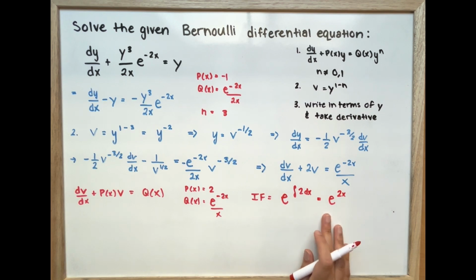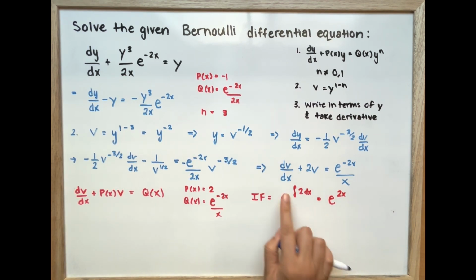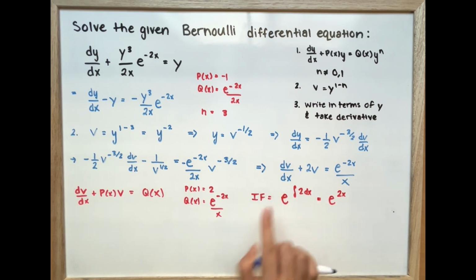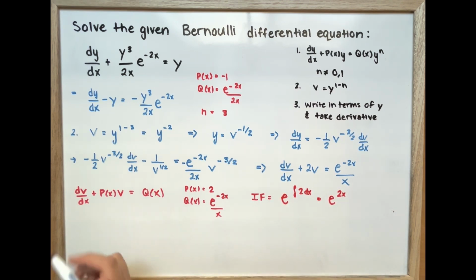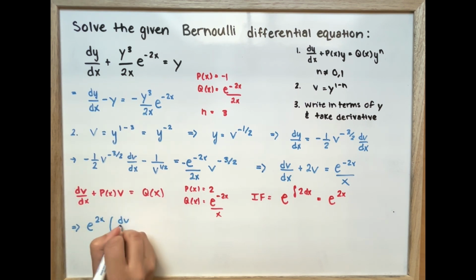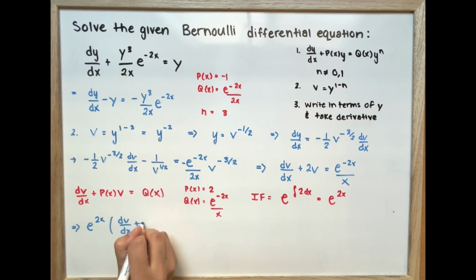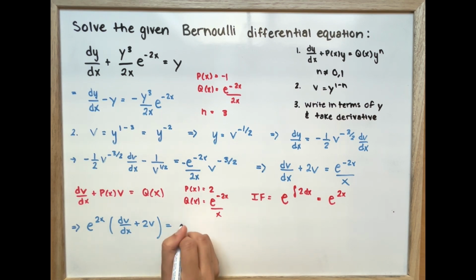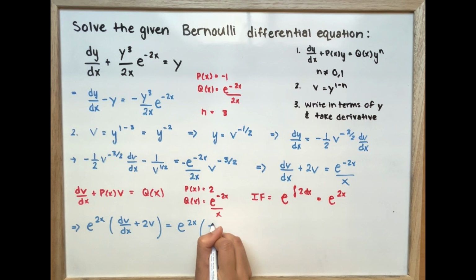So now we're going to take our integrating factor and multiply all the terms of our equation by e to the power of 2x. So we're going to get e to the power of 2x multiplied by dv over dx plus 2 times v is equal to e to the power of 2x multiplied by e to the negative 2x over x.